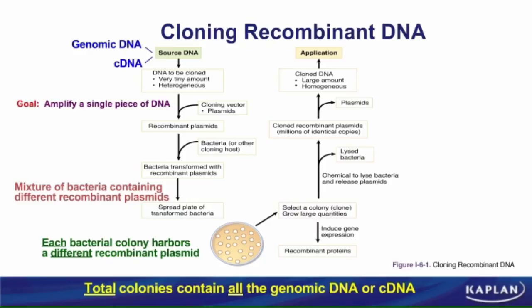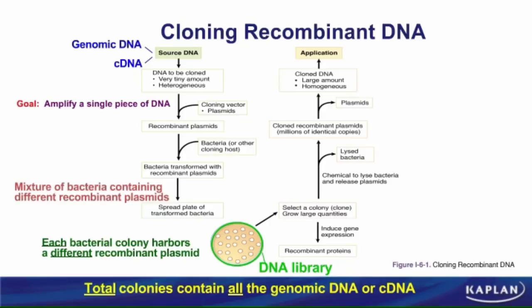On that dish, the total colonies contain all of the genomic DNA, and that's what's referred to as a DNA library. Either a genomic DNA library or a cDNA library. One of the colonies will have the alpha globin gene. Another colony will have bacteria that has the insulin gene, and so on.